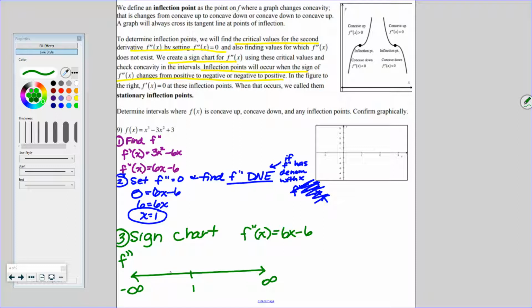So let's say I pick the number 0 because 0 is less than 1. And then I pick the number 10. 10 is greater than 1. So if I put in 0 for x, I'll have 6 times 0 minus 6, which is negative.